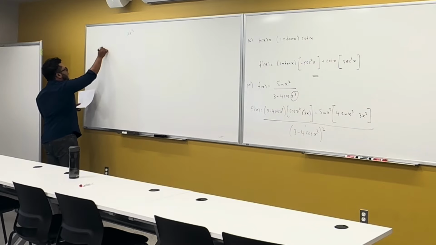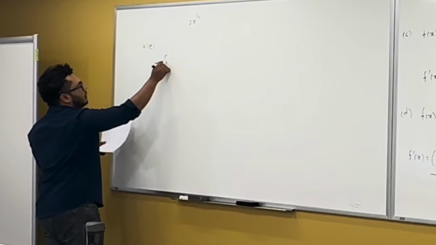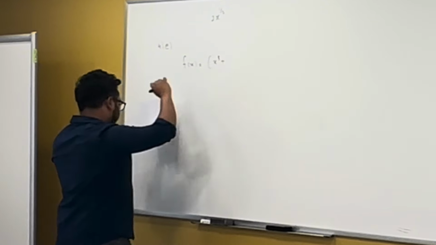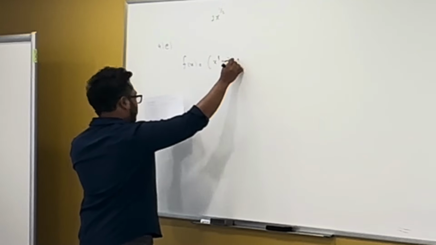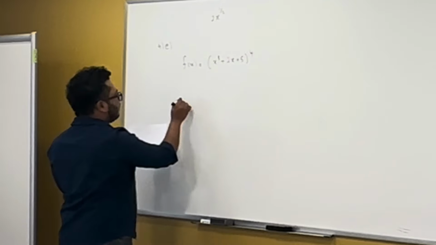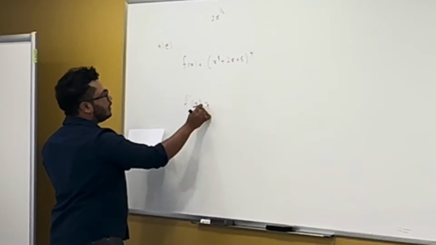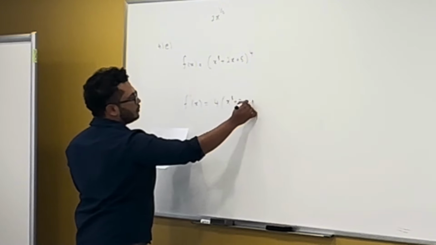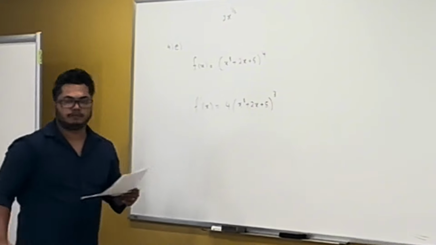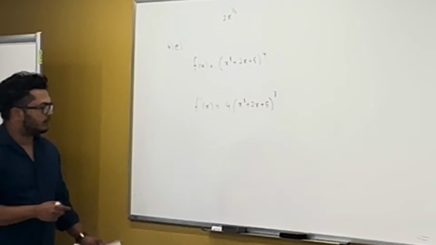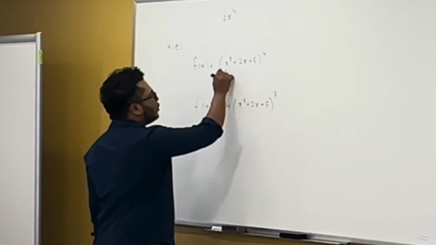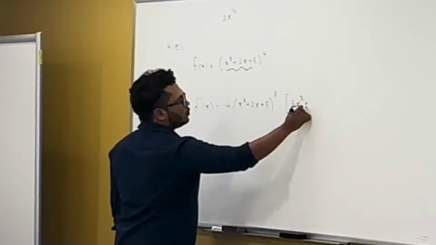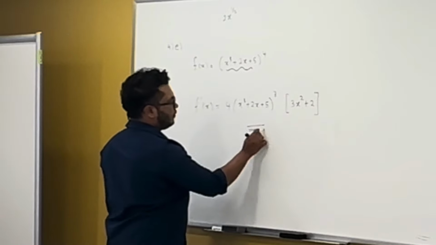Number 4, E. This one is just applying the power rule and the chain rule. You take the power down, write everything as it is, and subtract 1 from the power. That's the power rule. Then you go to the inside function and take the derivative of that. That's where you use the chain rule.